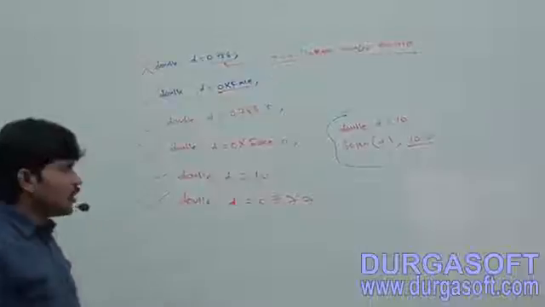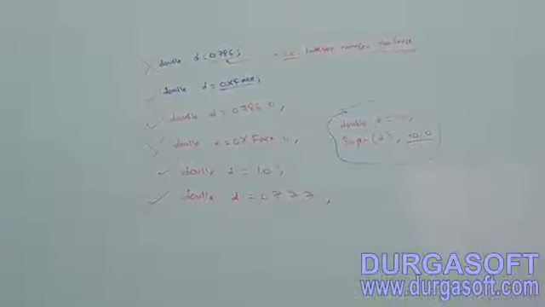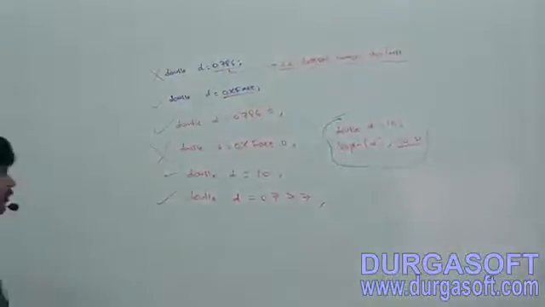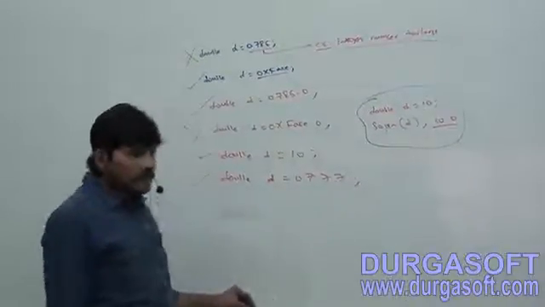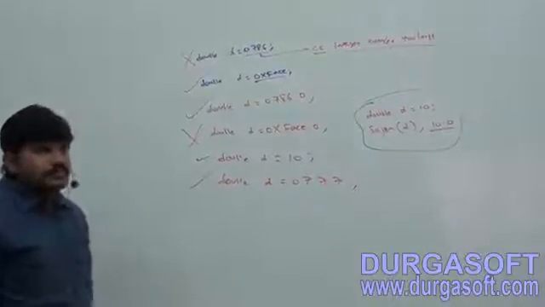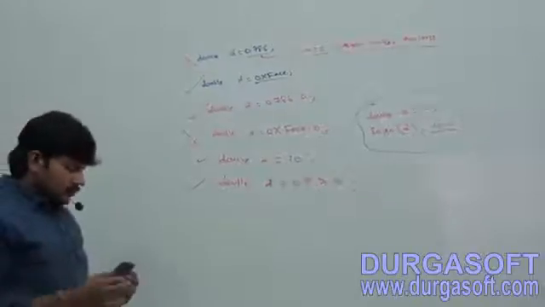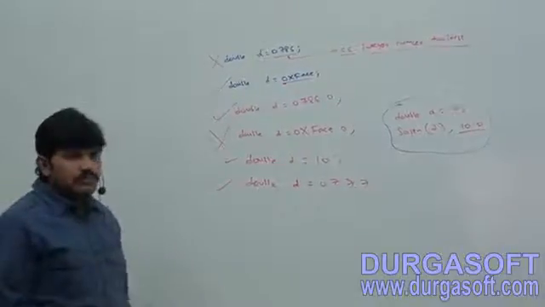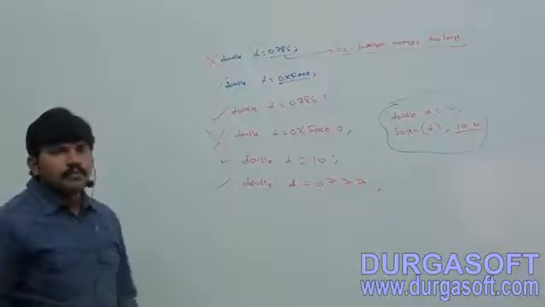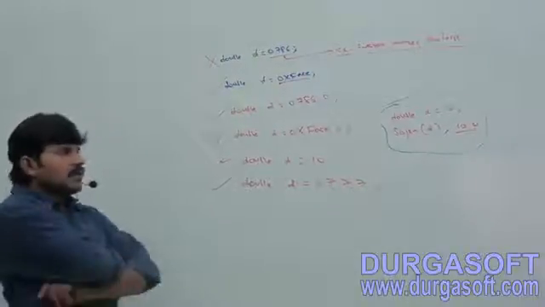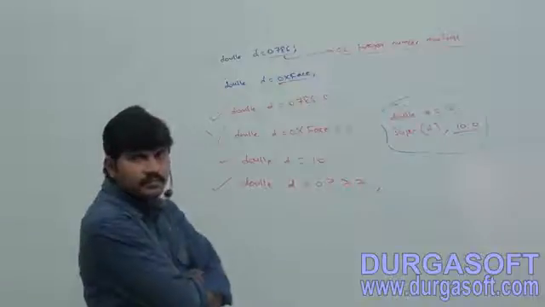Double D is equal to 0777. Completed, I hope. Is it clear for all of you, right?